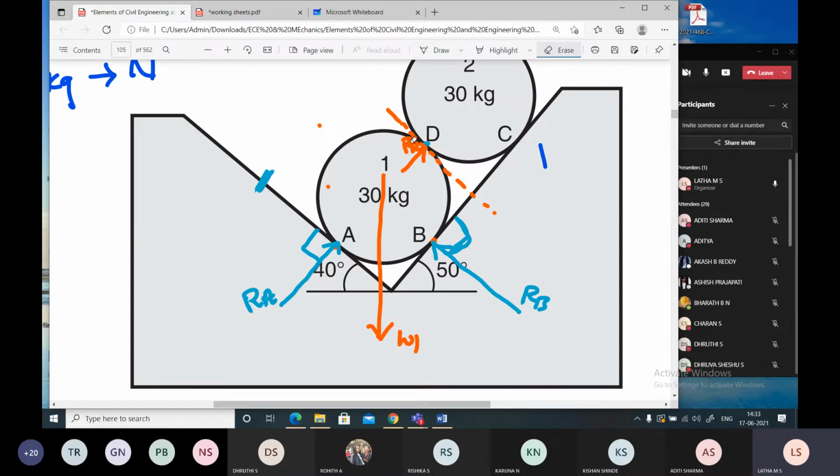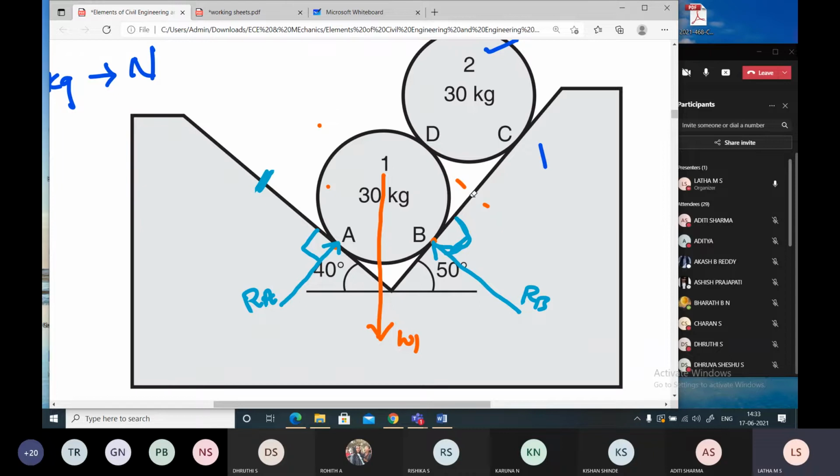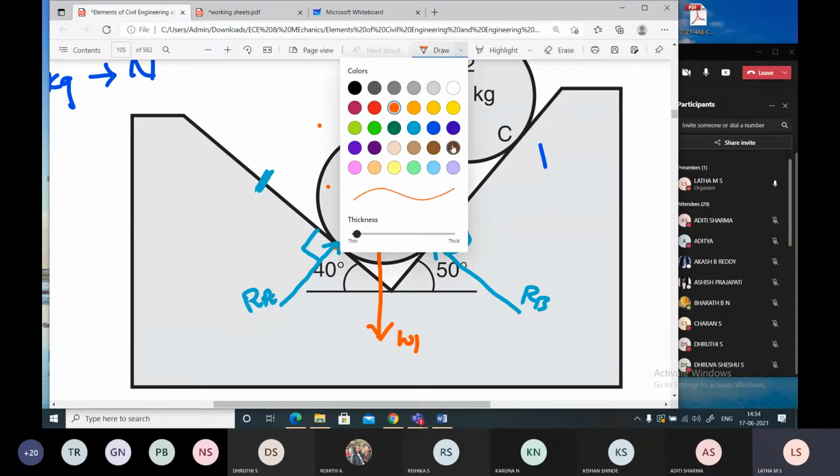I'll repeat, students, once again. Since ball 1 is in contact at points A, B and D, at A I drop a reaction perpendicular to the plane at point A. Similarly, RB perpendicular to the plane at B. Now, at D, you may ask, ma'am, the plane is not existing, how can I drop a perpendicular there?